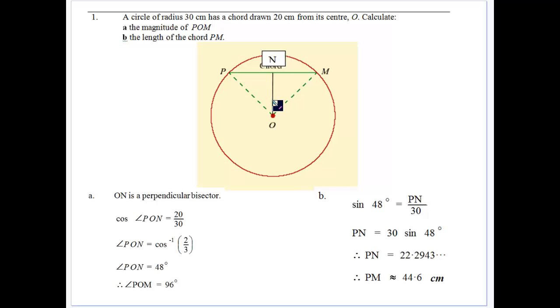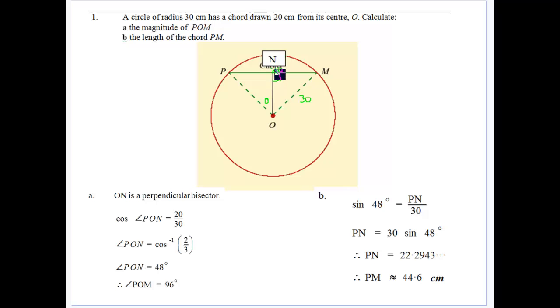So to do that, we know that it's going to be 30. That's 20 there. And we know that ON's a perpendicular bisector, so it cuts it in half. So if we're looking at cos of PON, looking at this angle here, that would be 20 over 30.